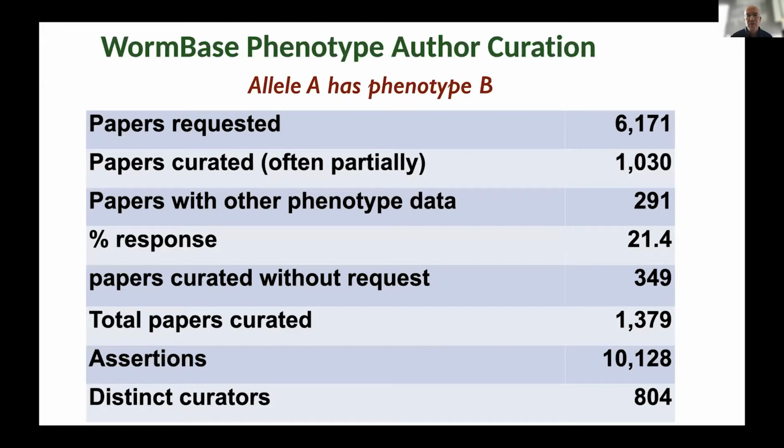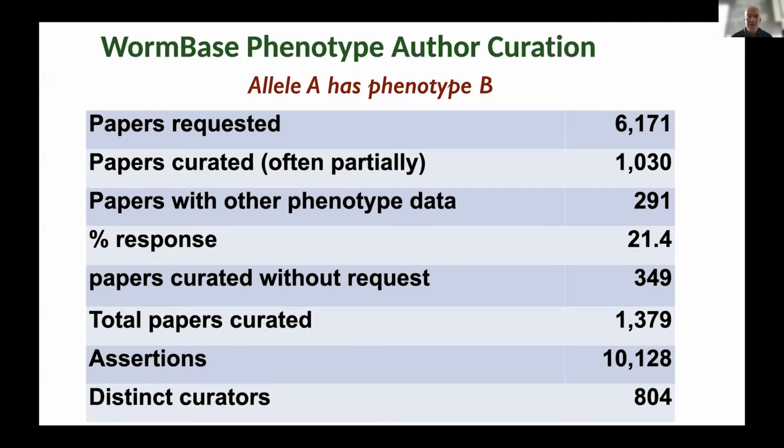We've done that at WormBase, and Chris Grove has led the effort. We send out emails to the authors of published papers, requesting them to add information about, let's just say, a single type of information. Does this variant, this allele A, have a phenotype? And maybe a little more information about that.